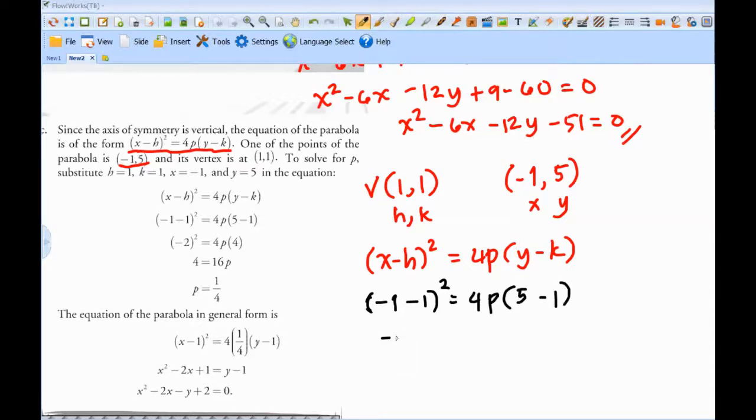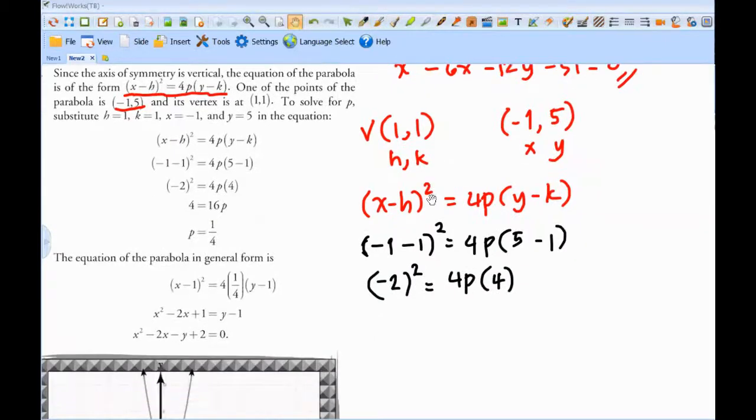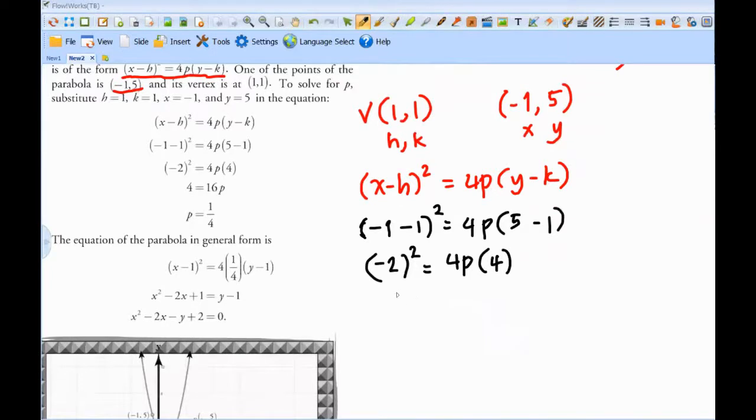So negative 2 squared equals 4p times 4. So therefore, we have 4 equals 16p. So let's get the p by dividing both sides by 16. Cancel out. So p is 1 over 4. Right? So that's our p.